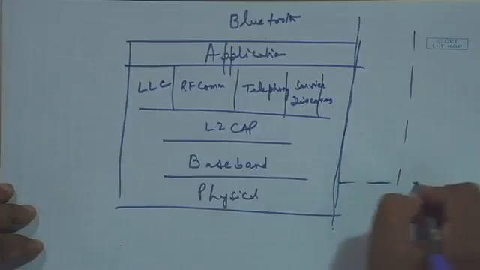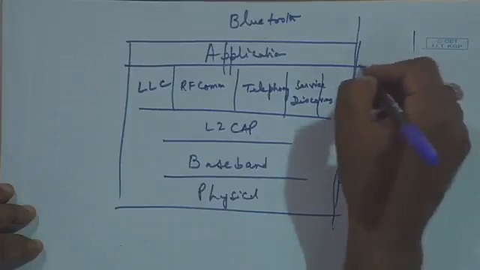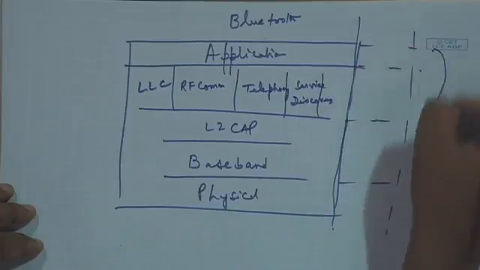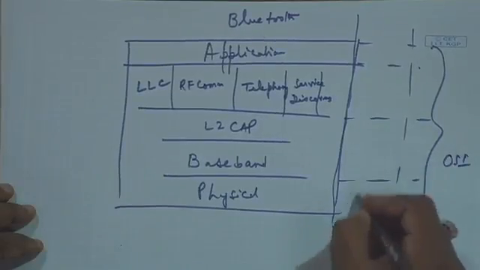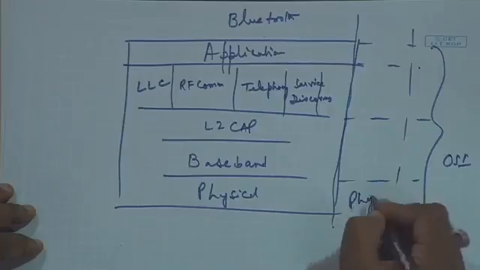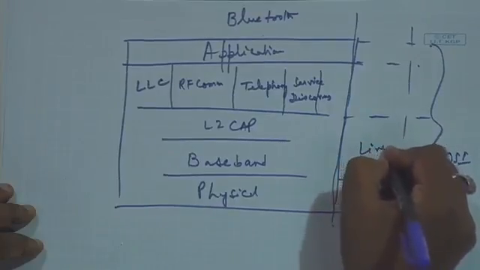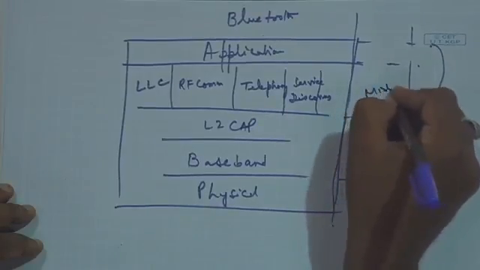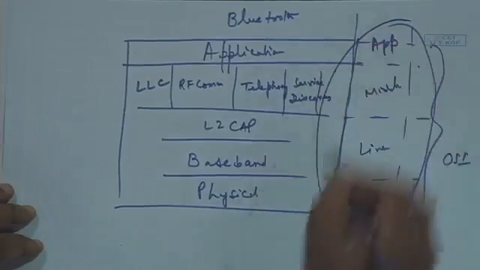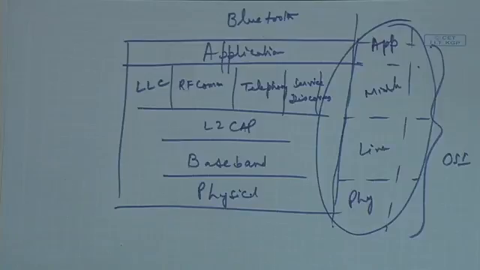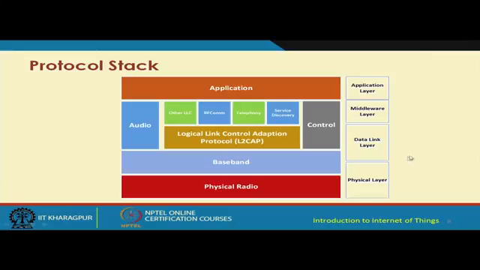Now this can be mapped to the traditional OSI layers. Here again you have the physical layer, the link layer, different middleware, and the application layer, and the exact form of mapping is shown in this figure in the slide.